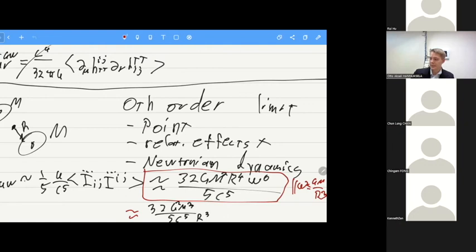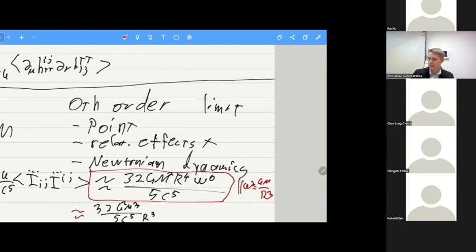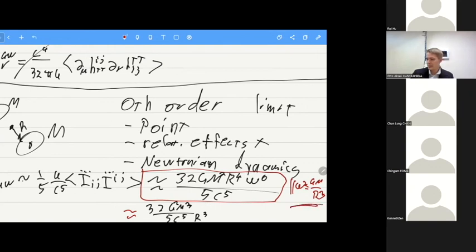Let me actually see, is this correct? This is r to the power of 3. I may have actually written this a little bit differently. You may actually have spotted an error.